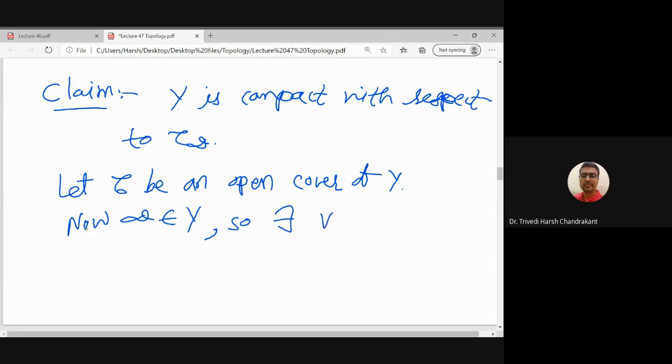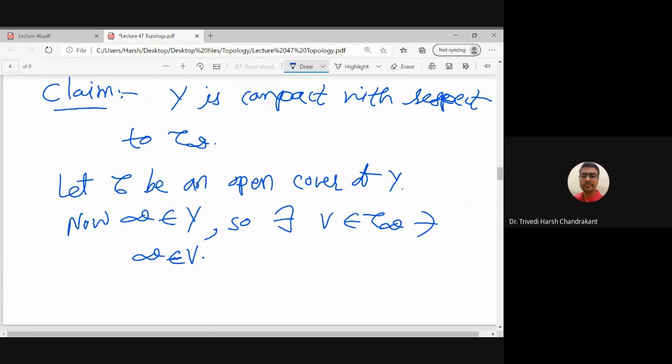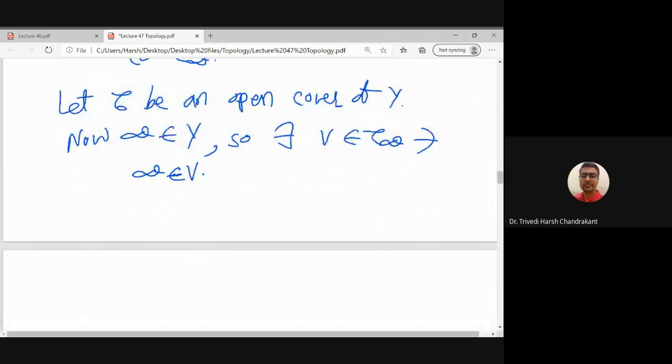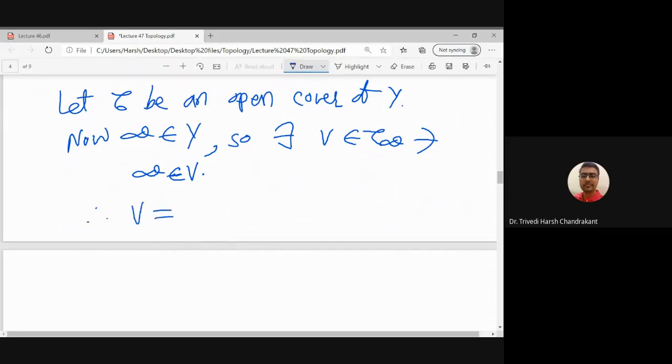So there exists an element V of tau infinity such that infinity belongs to V. Since it is an open cover, every point is contained in at least one open set. So now this open set contains infinity. So that open set cannot be of type 1 because type 1 sets are basically open subsets in X. So they never contain the infinity point.